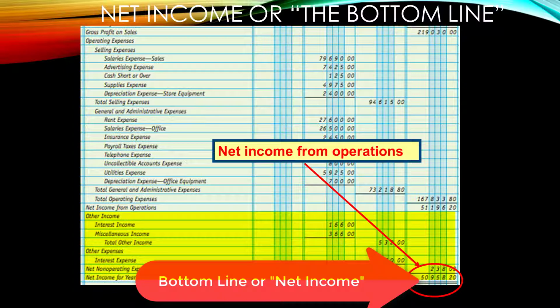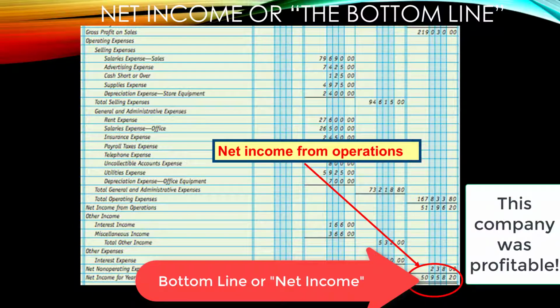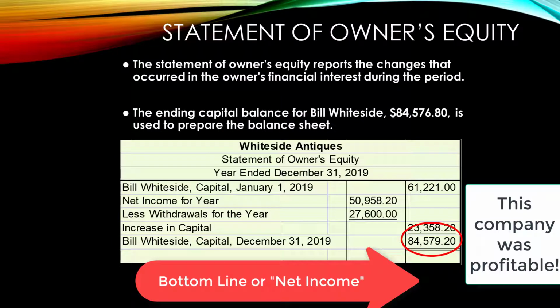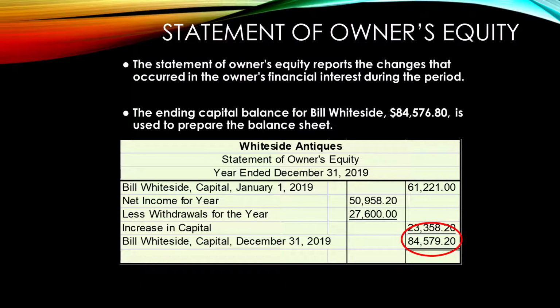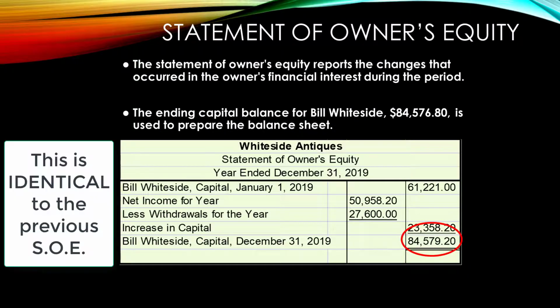This net income represents the net profit for the year, and just as we learned before, will be carried over to the statement of owner's equity. Unlike the multi-step income statement that was vastly different from what we learned about in a service-oriented enterprise, the statement of owner's equity is identical to what we learned about in the first half of the semester.